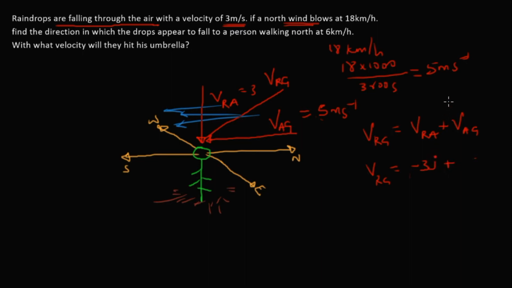J means towards the y axis, and x axis is i. V_AG, which is the velocity of the air relative to the ground, I can represent as 5. Then it is towards the negative x-axis, so that's supposed to be minus 5i on the x-axis.